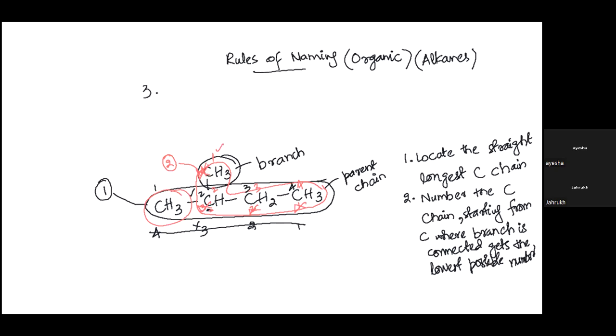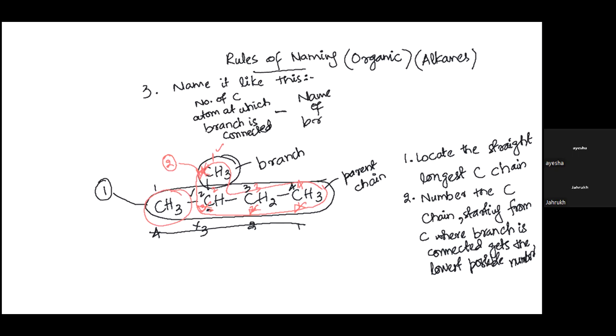The third rule is name it like this. Number of carbon atom at which branch is connected, hyphen, then comes name of branch, then name of parent chain.